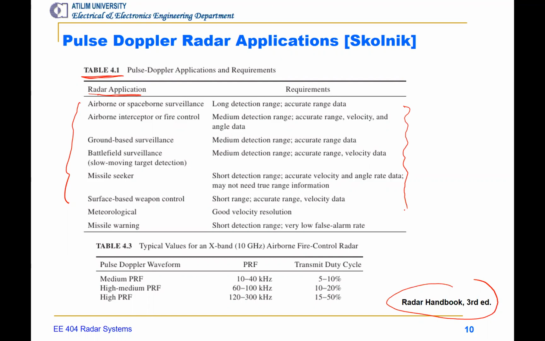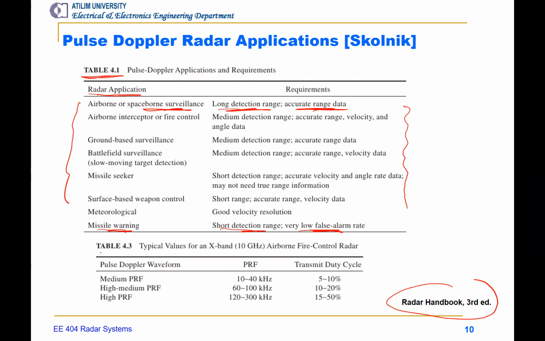You see, starting from spaceborne surveillance goes up to missile warning, where we have short detection range, very low false alarm rate, while for surveillance, we have long detection range with accurate range data. So it widely varies depending on the requirement. We change the parameters.